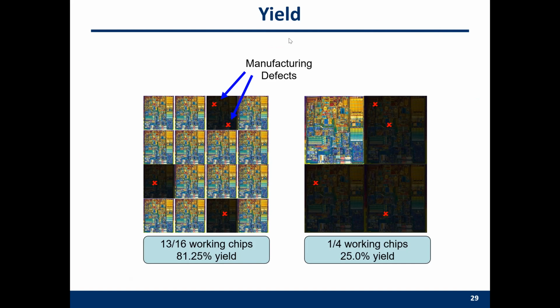Particularly because now the transistors are really small, you will have a lot of defects, and the yield of the chip is maybe only 20% or 30%.